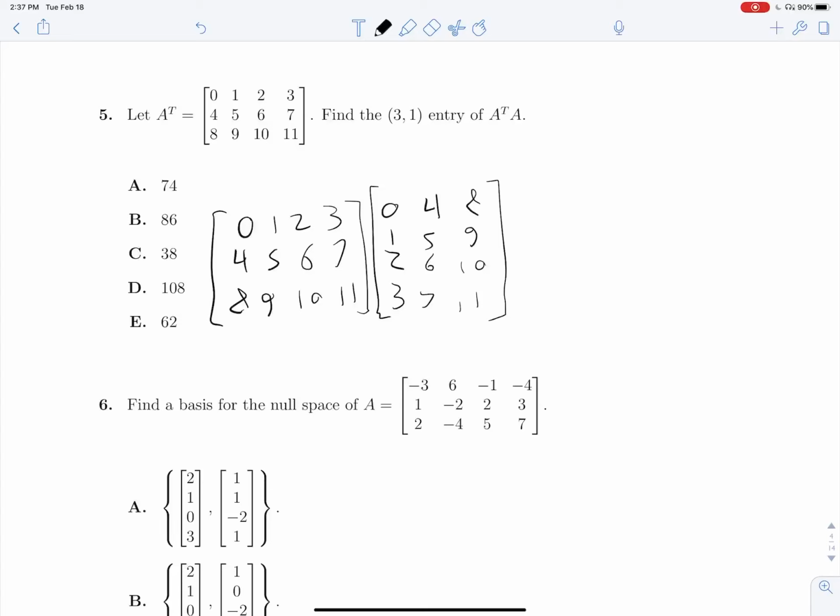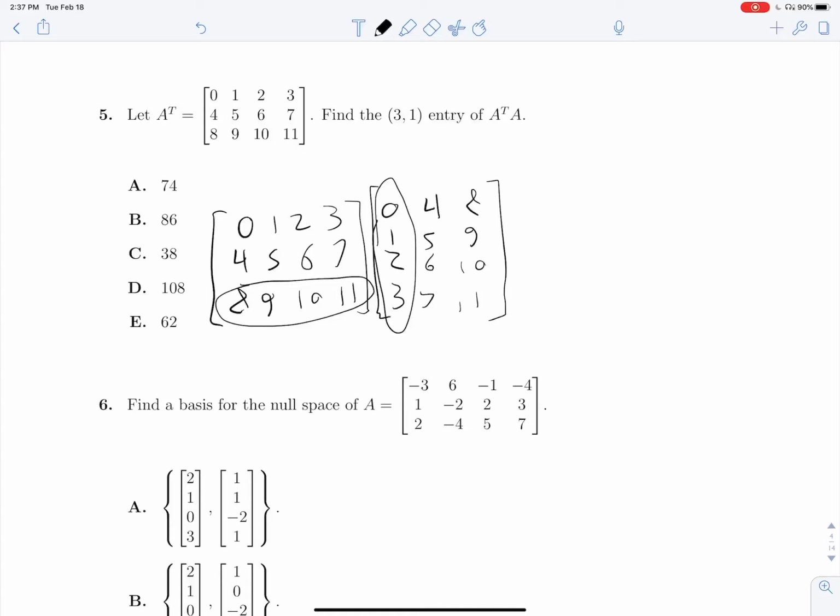And we know, since we're multiplying rows on this side and columns on this side, we're going to get the 3-1 entry of A transpose A. We're going to get that by multiplying the third column of the first matrix we're multiplying by this first row of the second matrix.